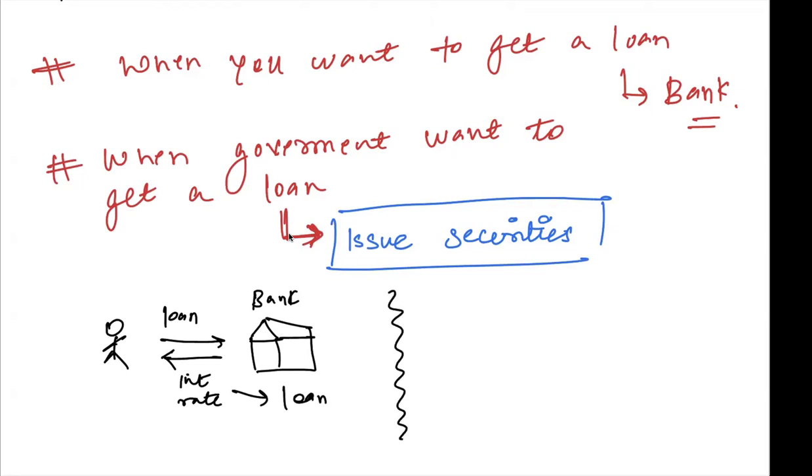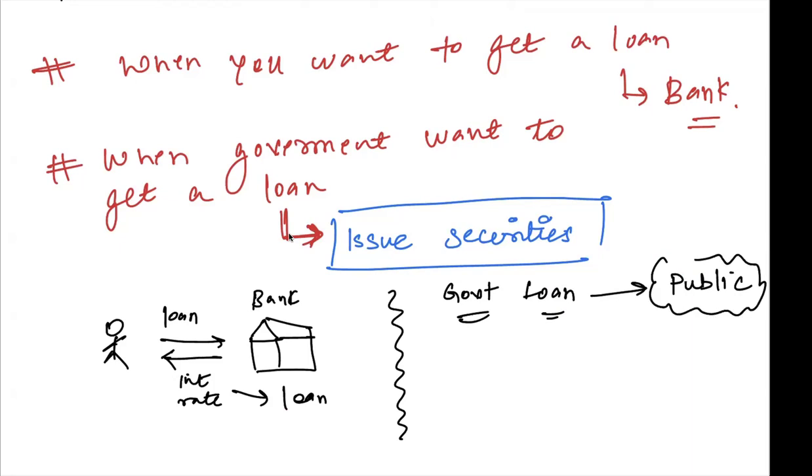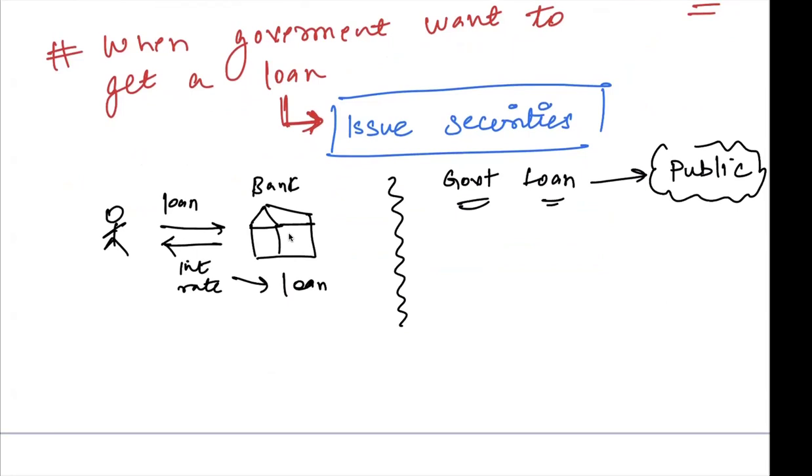A very similar concept happens with government. When government wants a loan, instead of going to a bank, they go to the public. They say, hey, I want a loan. But then they issue securities, called fixed income securities.